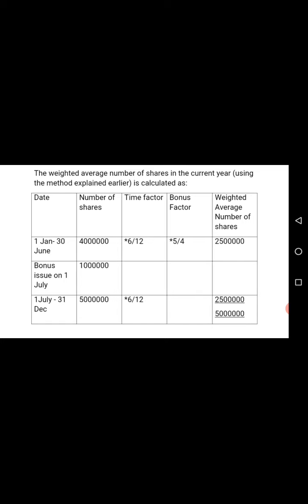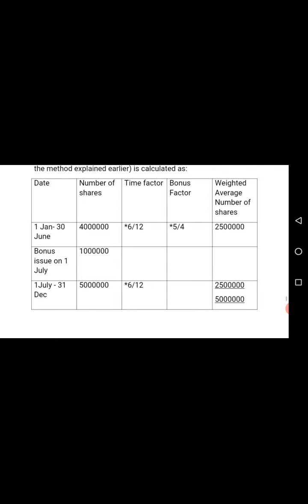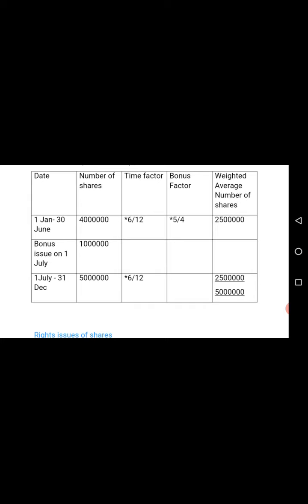Now, for the other half of the year, from 1st July, we issued an extra 1 million shares. So our total share number is 5 million as at the current date. The remaining half goes to the end of the year. That's 6 months again, 1st July to 31st December, which would also give 2.5 million.